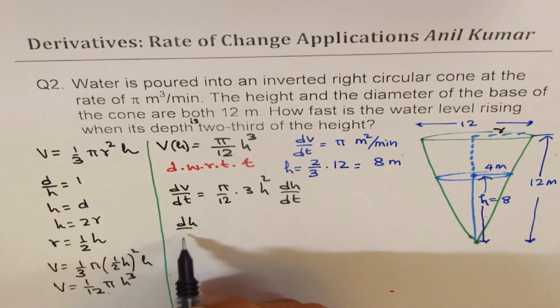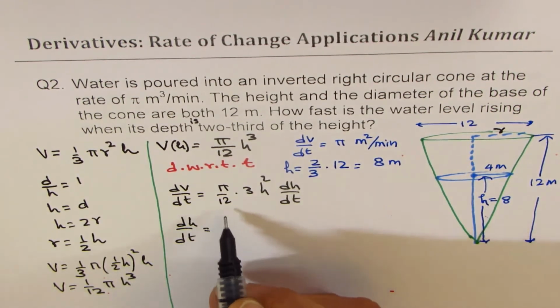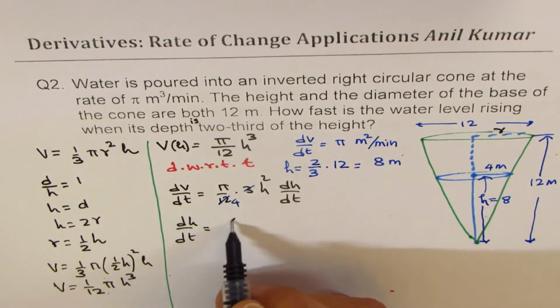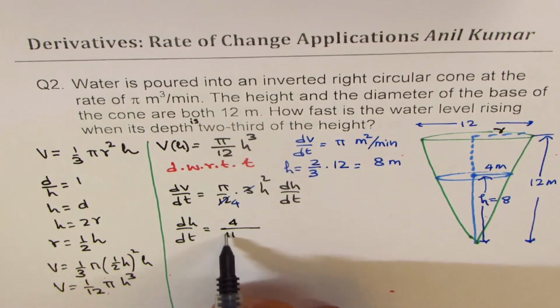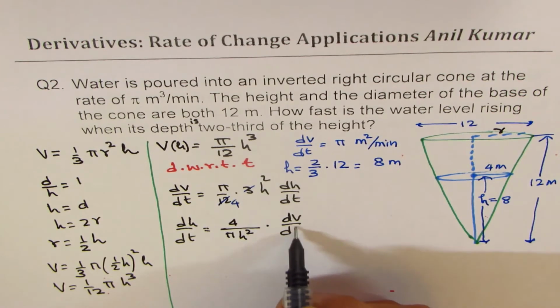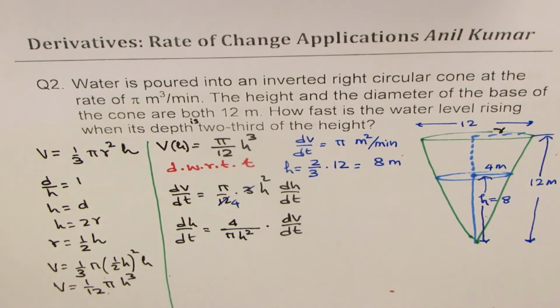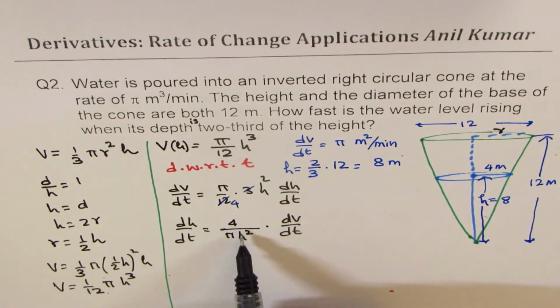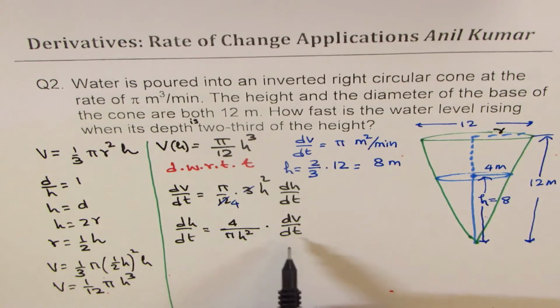So we get dh dt is equal to, well, this can be simplified. We could write this as 4 over pi h square dV dt. Correct? So that is how we could isolate this and get our solution.